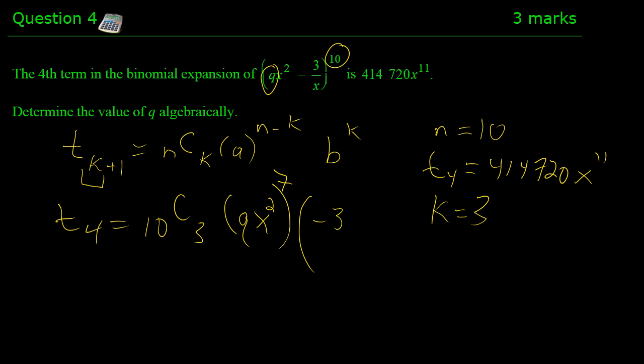And then (−3/x) all to the k. Well, k is 3. Now the important part here is we're not done, we actually have an equation here that we're going to solve. We get 414,720 x to the 11. That's what we want to end up with. So let's see what we can figure out.